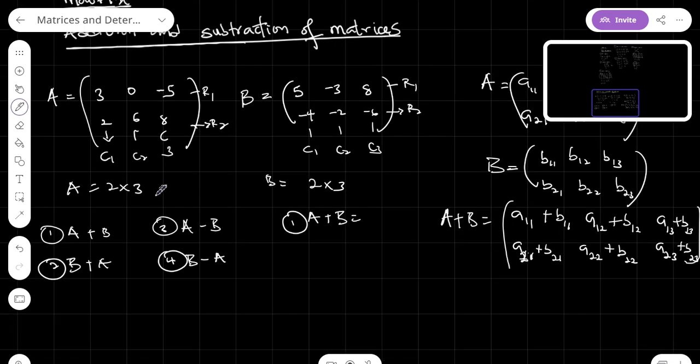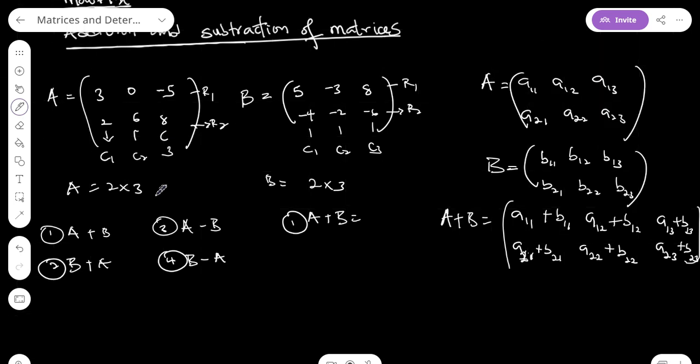So now, from our example, A is 3, which means 3 is the element of A in the first row, first column. 5 is the element of B in the first row, first column. So to add A and B, you add 3 and 5, and that becomes the first element.